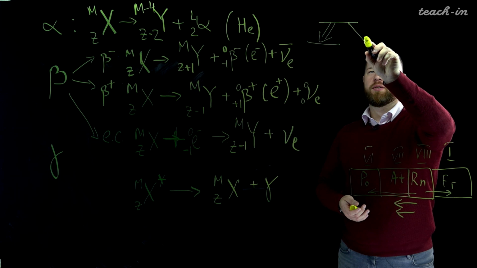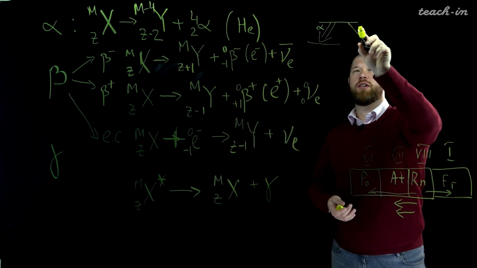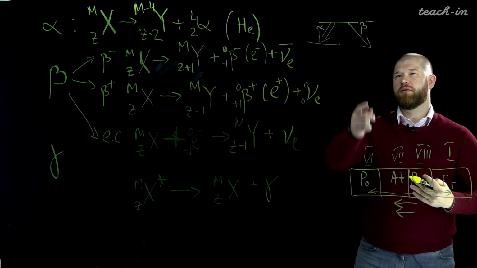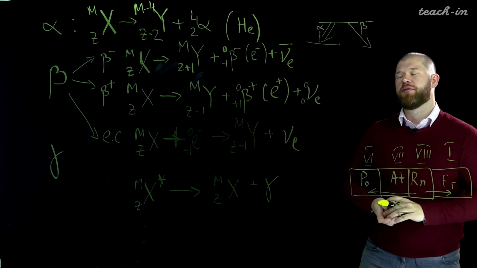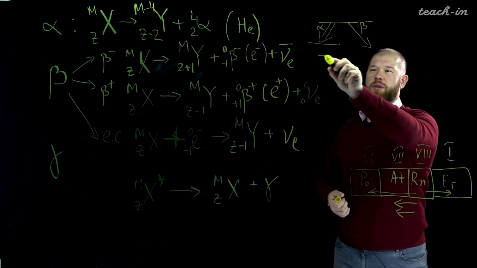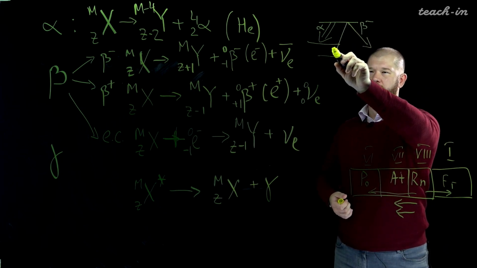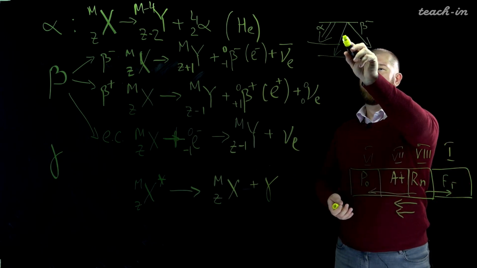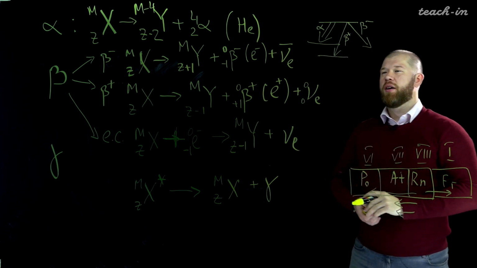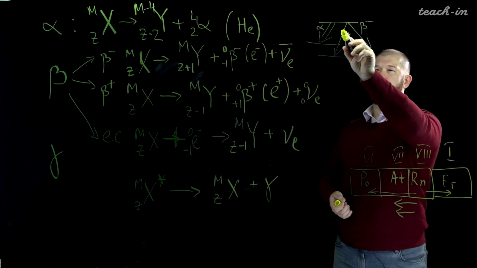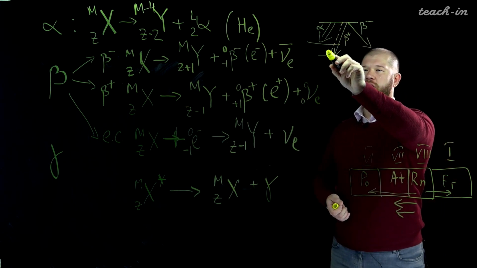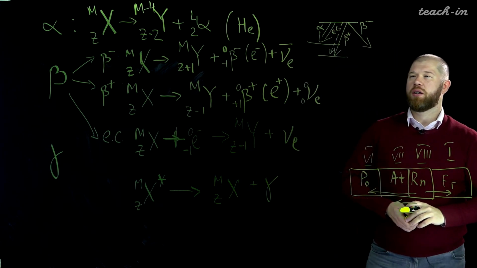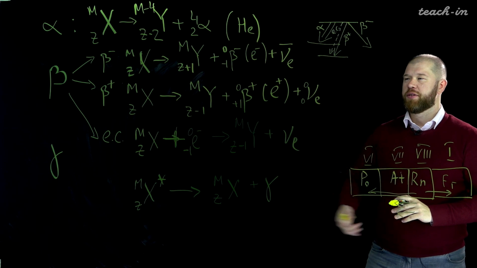For beta minus, we should go to the right, and it is a single thin line. For beta plus, it is also a thin line, but directed to the left. And for electron capture, it is a dashed line, also directed to the left.